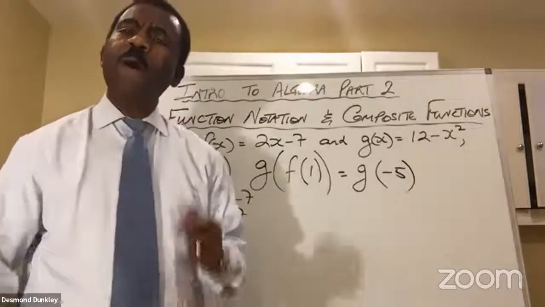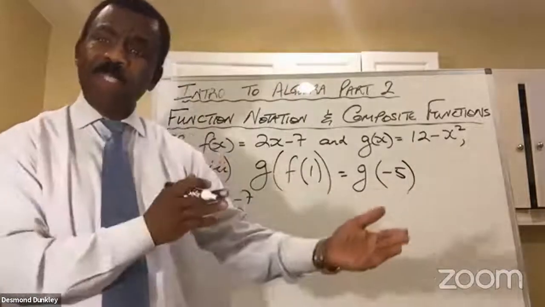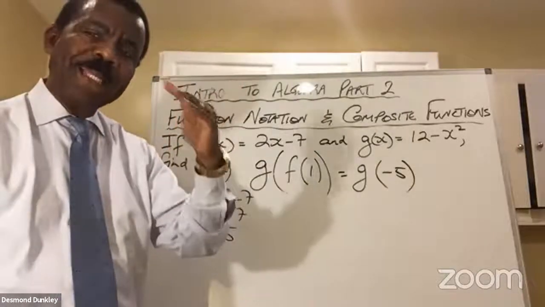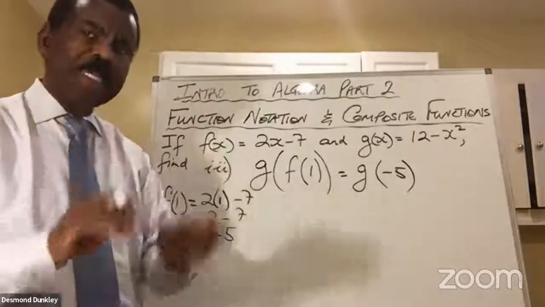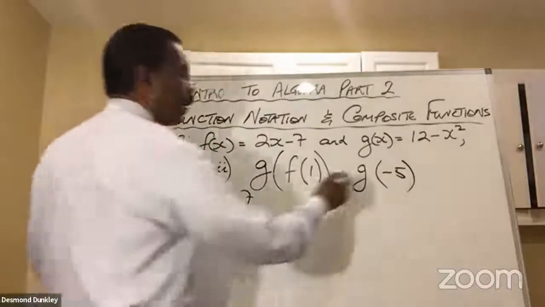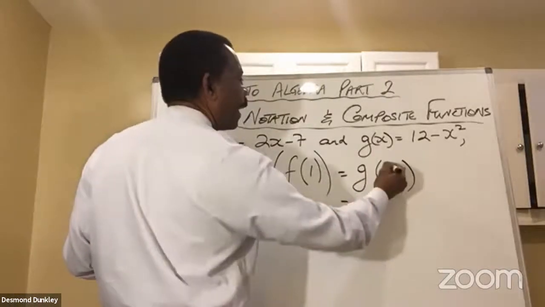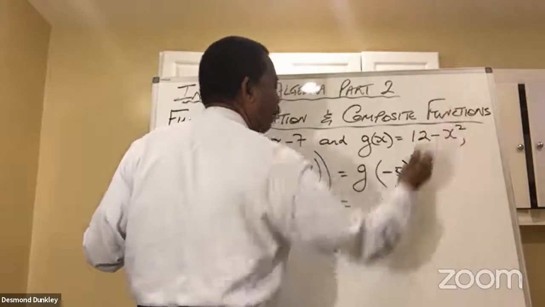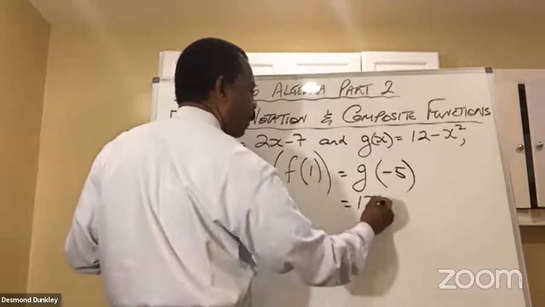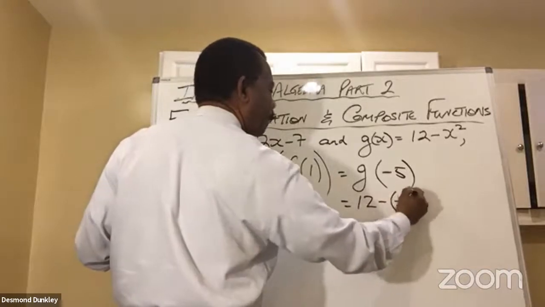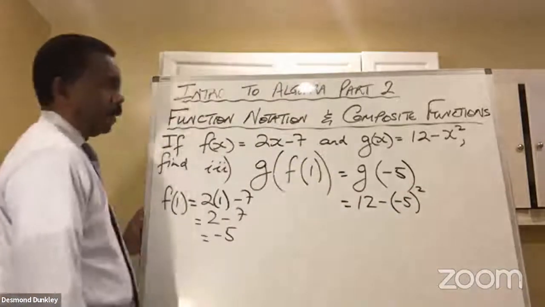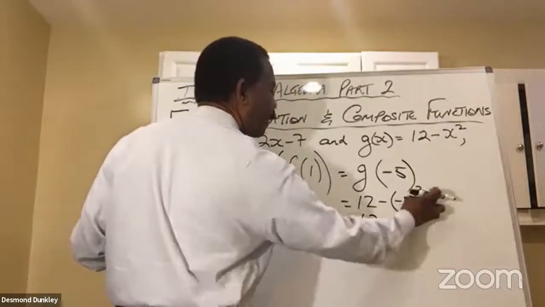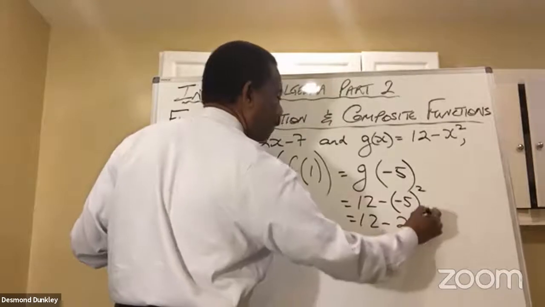You'll be amazed to know how many people have problems with functions. But with functions, you just have to be patient and go step by step by step, and it works itself out beautifully. So what do we end up with? G of -5 is defined as 12 minus -5 to the power 2. So it's 12 minus -5 squared, which is 12 minus positive 25.